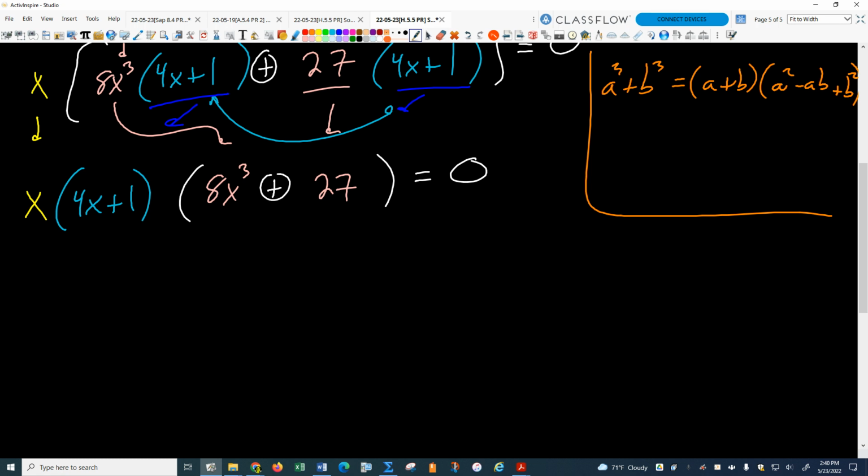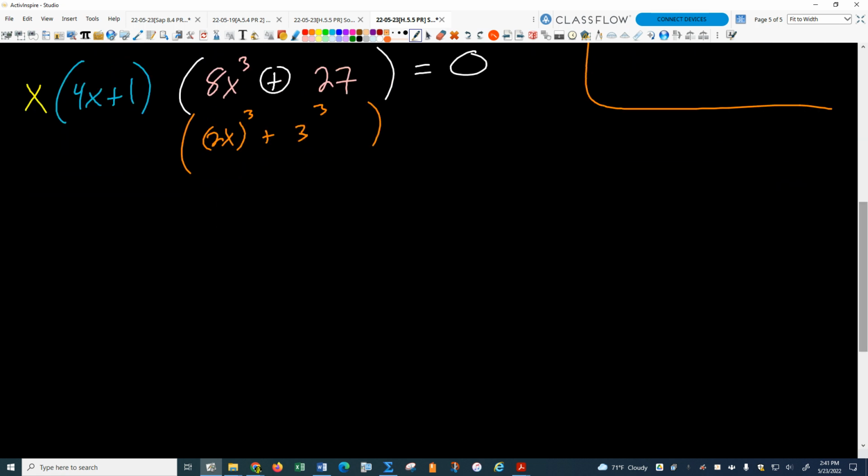So instead of an 8x cubed, what quantity is being cubed there? 2x. So that's our a. And 27 is just 3 cubed, right? Okay. So then that's going to split up into 2x plus 3. So there's my a plus b. Now be careful.